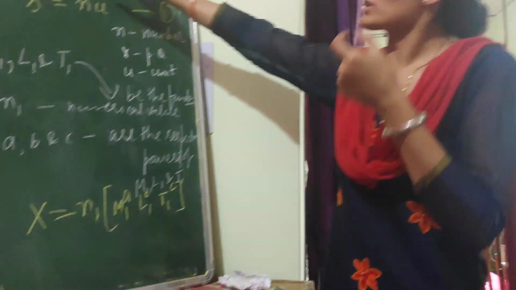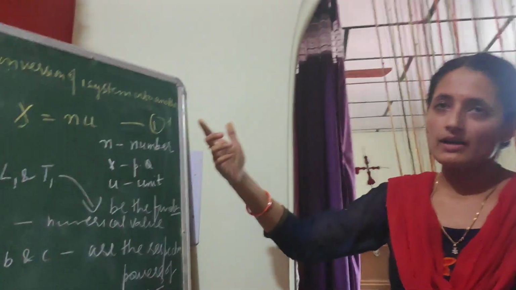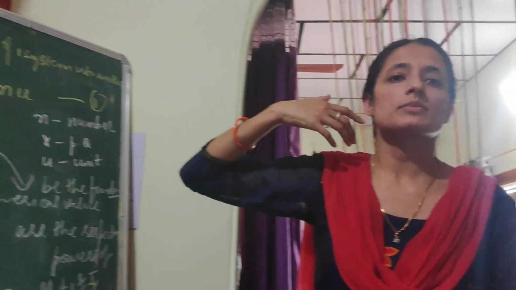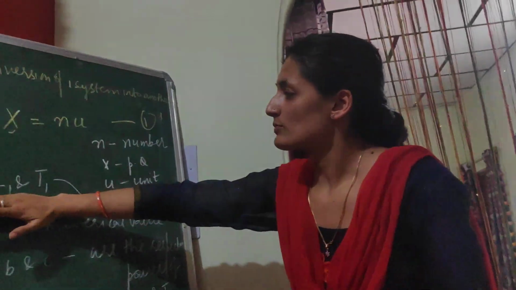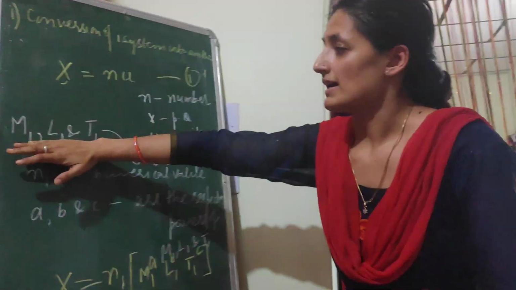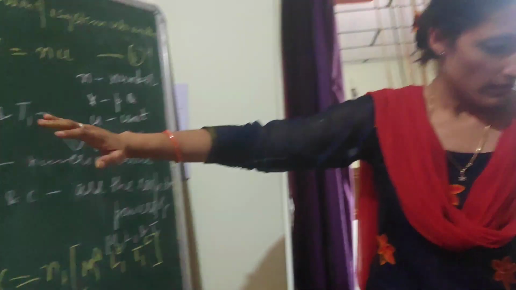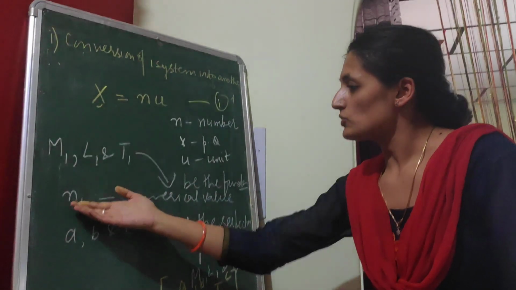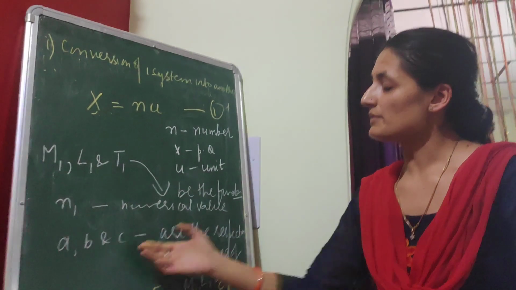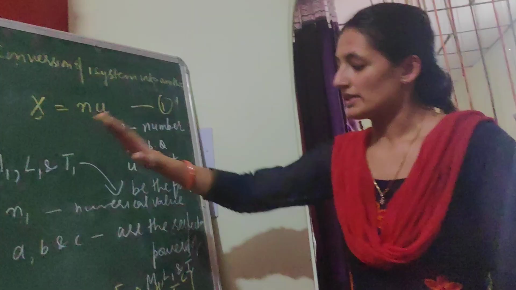Now I suppose that first system, I don't know which system I am considering. It can be FPS, MKS, CGS, or SI system. So in one system, I suppose fundamental quantities are M1, L1 and T1, and numerical value is N1, and A, B and C are the respective powers of M1, L1 and T1. Clear?